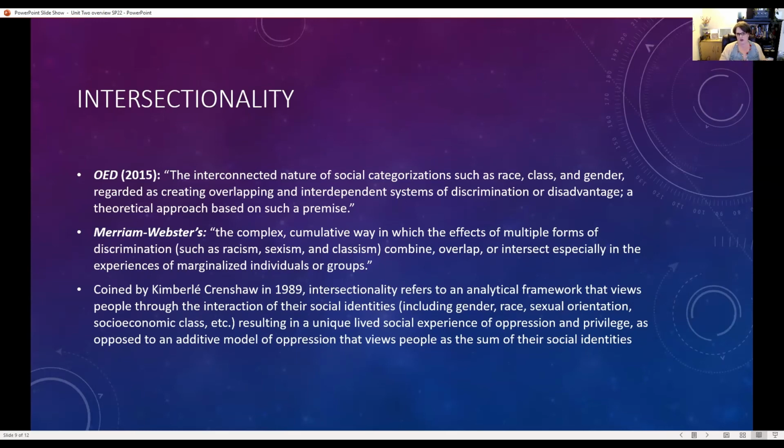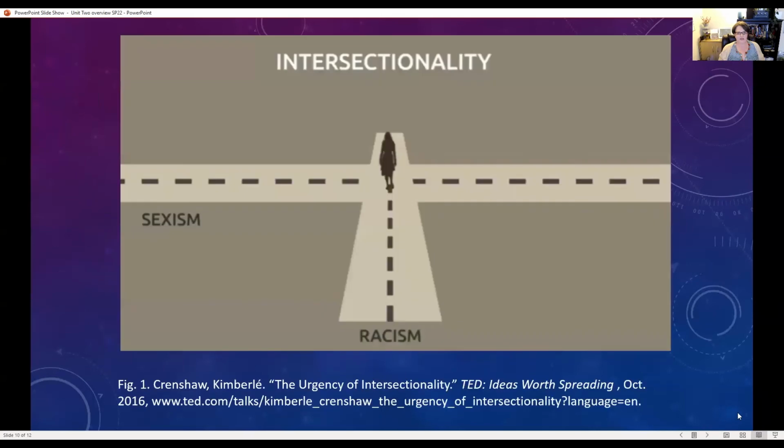And it results in a unique lived social experience of oppression and privilege, as opposed to an additive model of oppression that views people as the sum of their social identities. So you're not just one thing, right? But all of your various social identities kind of combine and intersect and overlap.